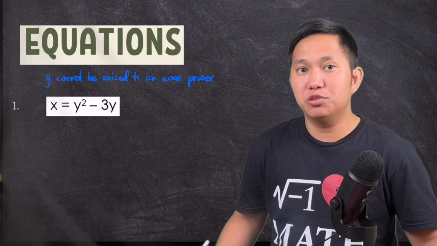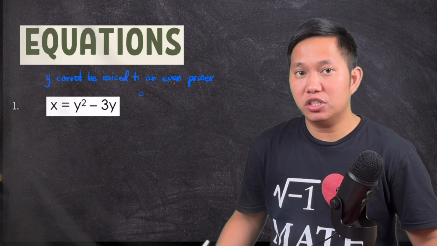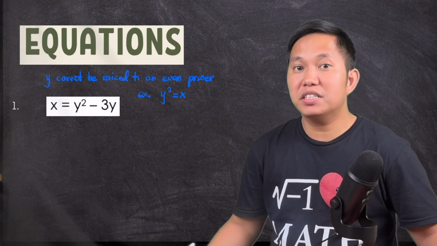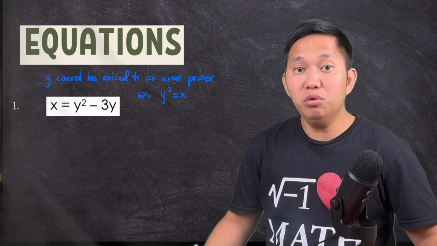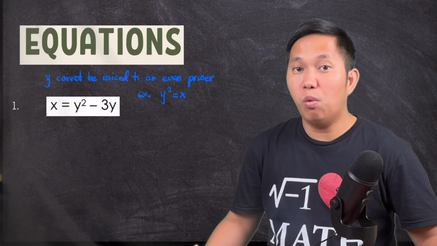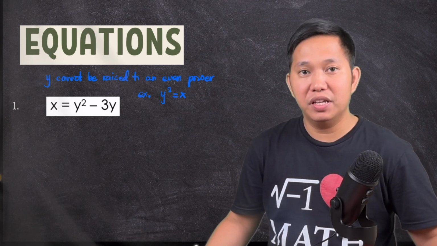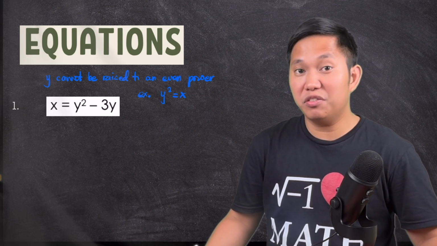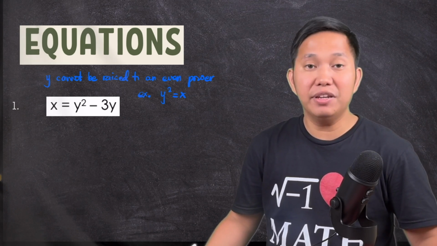When y is raised to an even power, such as in the equation y squared equals x, for each positive value of x, there are two possible values of y, one positive and one negative. This means that a single input x corresponds to two different outputs, which violates the definition of a function.